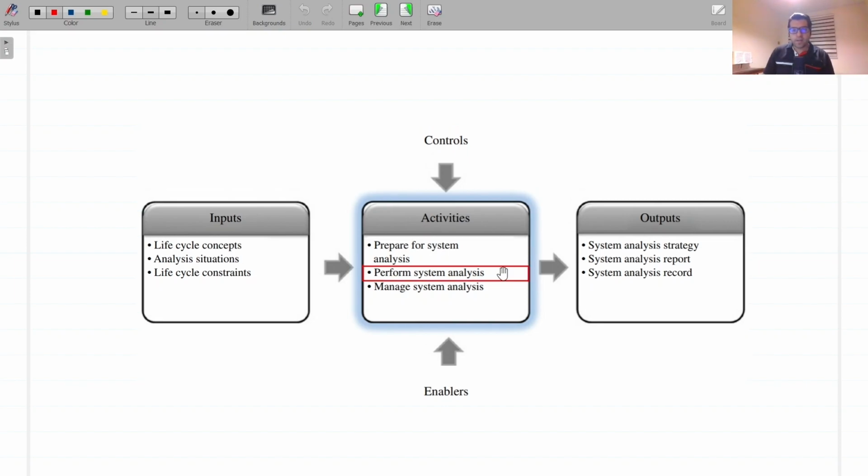Perform system analysis. Collect the data and inputs needed for the analysis, highlighting any assumptions. Inputs can include models.